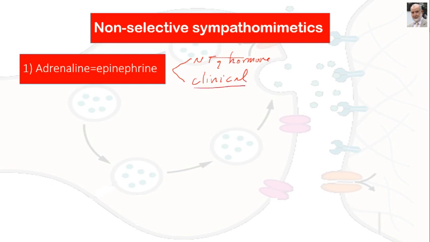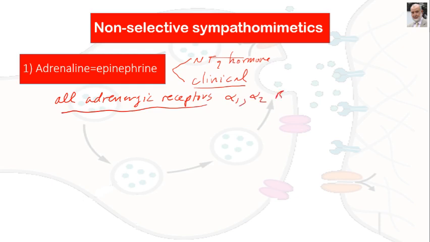So adrenaline acts as an agonist on all adrenergic receptors: all alpha-1, alpha-2, beta-1, and beta-2.